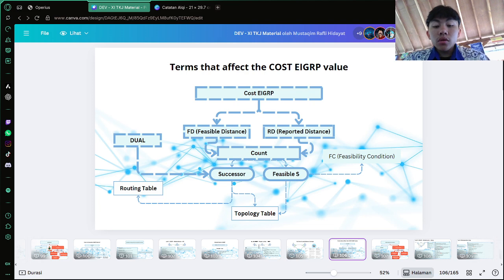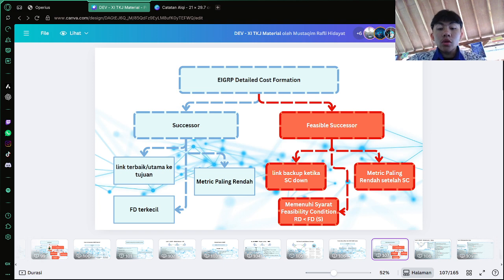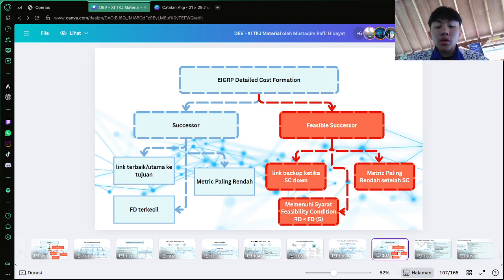If a network's reported distance is less than your current feasible distance, the path qualifies as a feasible successor or backup route. And the next slide is about EIGRP detailed cost formation.